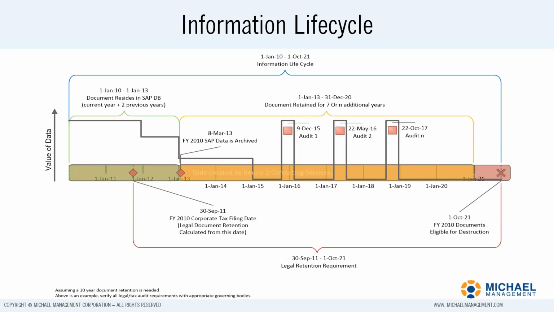So first off, let's look at the information lifecycle. I have a bar here that represents a length of time. So we're assuming 2010 to the end of 2021. We have the value of data, which more or less we see from a 2010 standpoint.